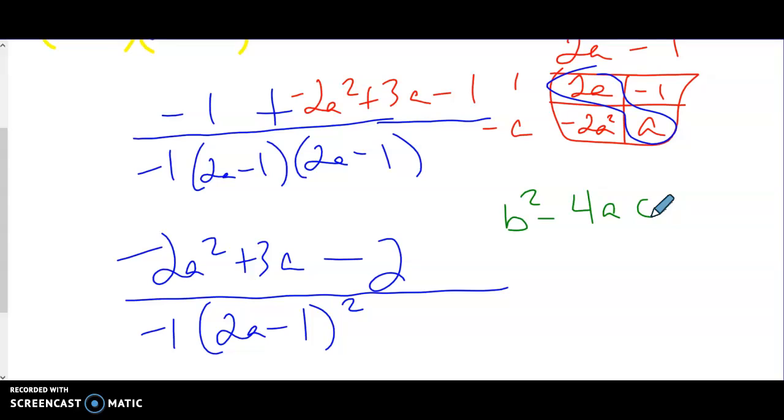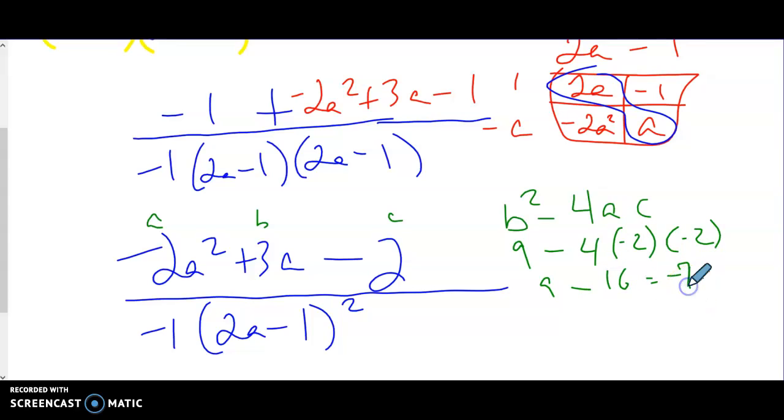So that's where this is a, b, and c. So b squared is 9. 4 times a times c, that's 16. So that's negative 7. If we were going to do quadratic formula, that would be under the radical, resulting in imaginary solutions. So because of that, it does not factor.